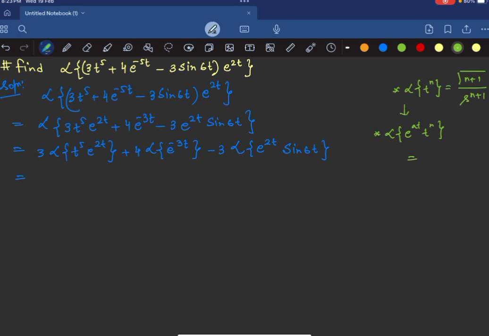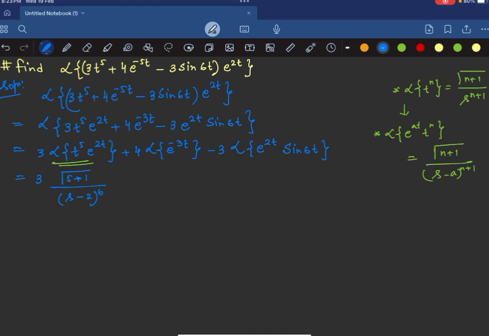By the first shifting theorem it should be gamma n plus 1 by s minus a power n plus 1. So just apply this here in the first term. The first term becomes 3 times gamma 5 plus 1 by s minus 2, since the a value is 2, power 5 plus 1, that is 6.